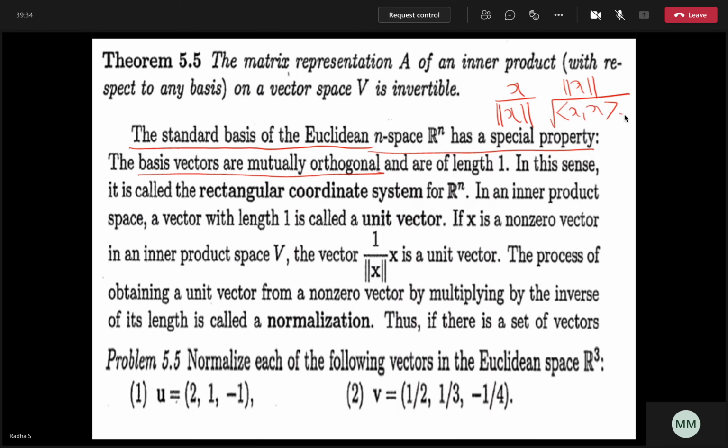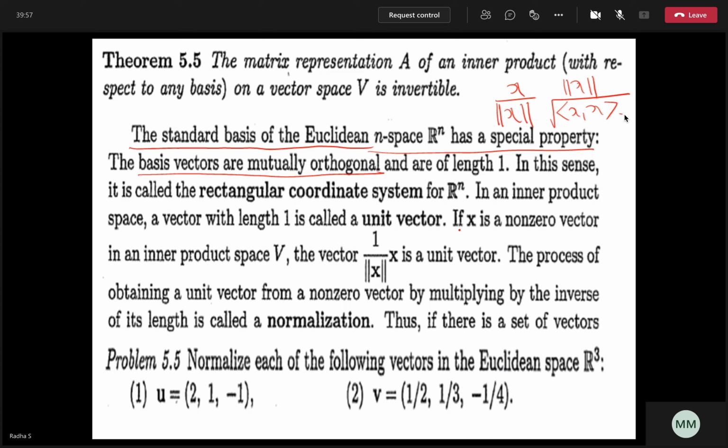V1 should be mutually orthogonal with V2 and also V3: V1 with V2 is 0, V1 with V3 is 0. And if you fix V2, V2 should be orthogonal with V1 and V3. That way you have to understand. Okay, understood.